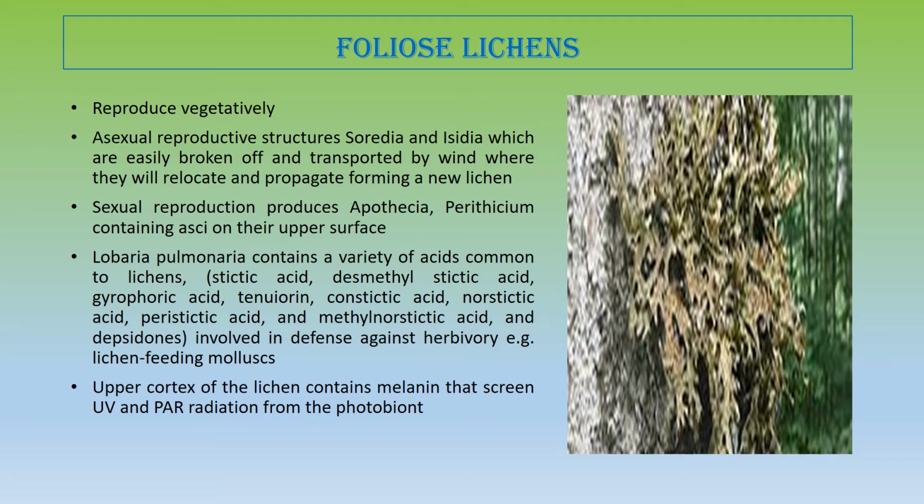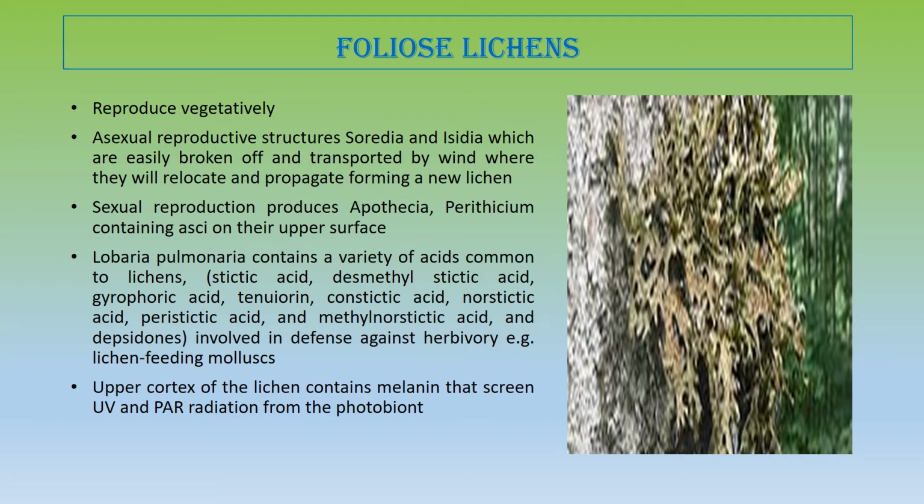This ascogenous hypha later develops into 8 ascospores, and these ascospores are formed inside either apothecia or perithecia, which are the fruiting bodies, the structures which release ascospores.